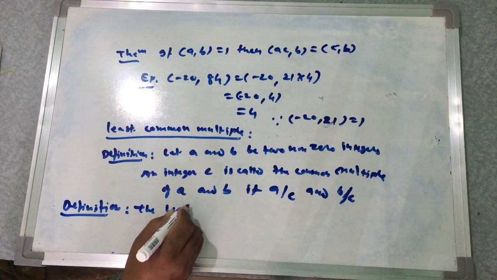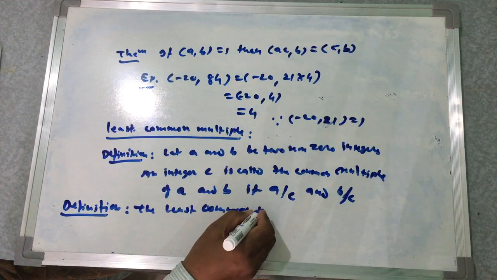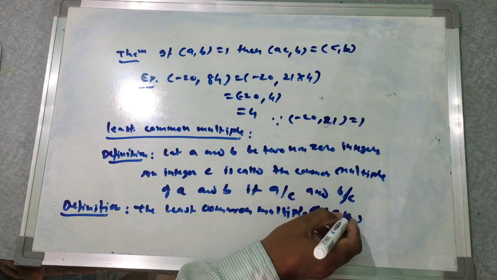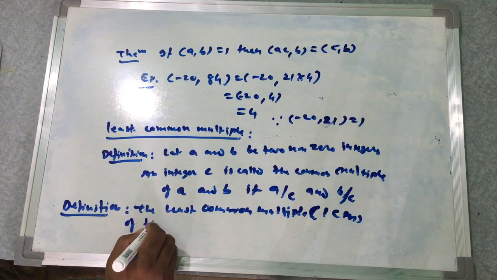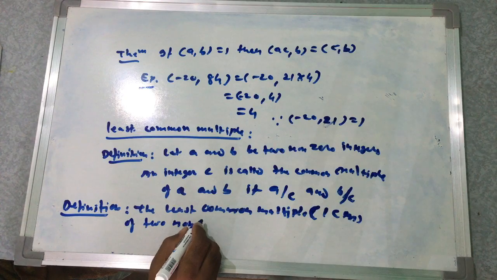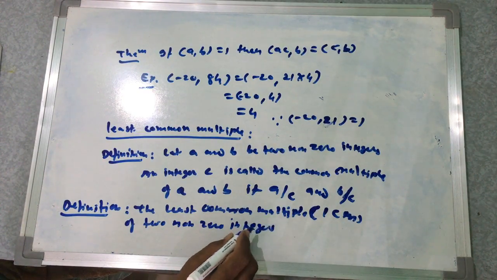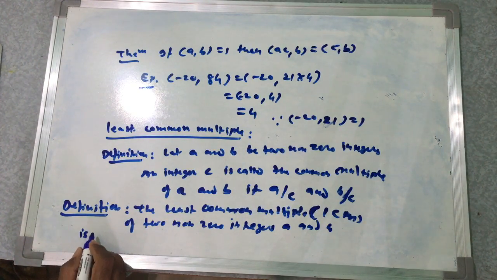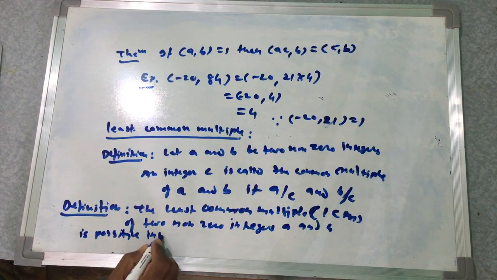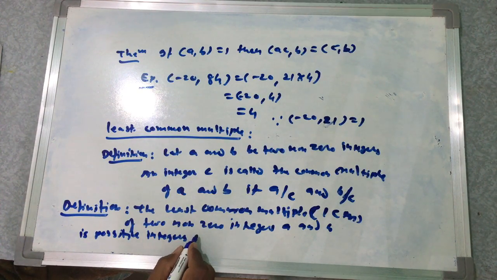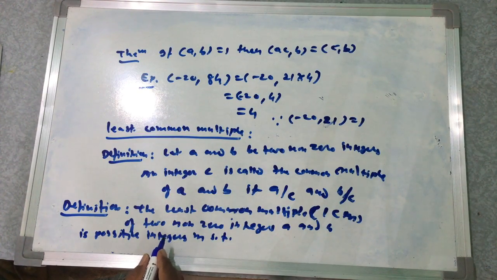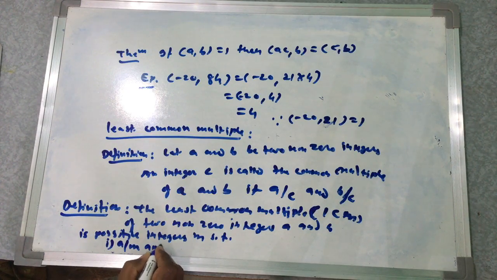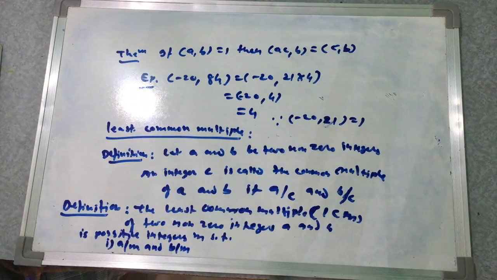The least common multiple, LCM, of two non-zero integers a and b is a positive integer m such that number 1, a divides m and b divides m.